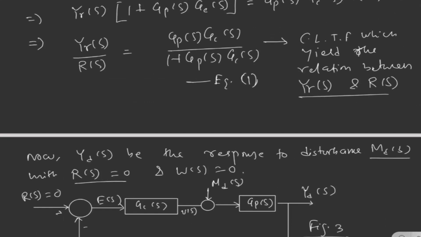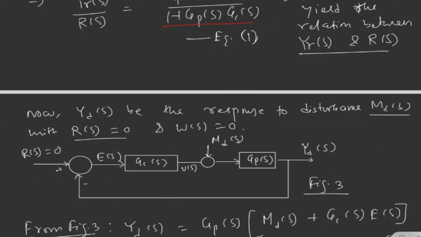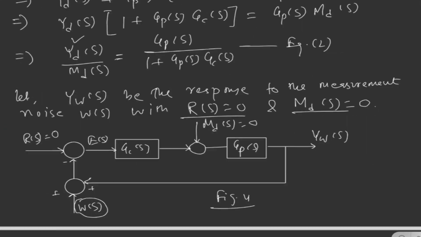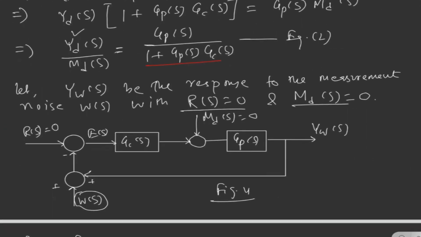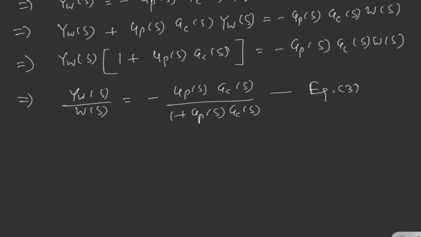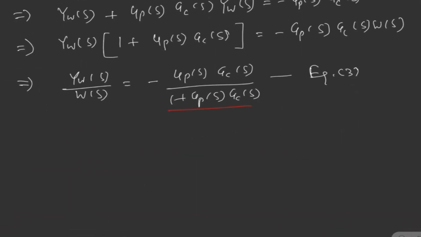The first equation has this denominator, the second equation has the same denominator, and the third equation also. So the denominator part remains the same. This is a very, very important observation: how we can see the system with the different inputs, disturbance, noise, and reference signal.